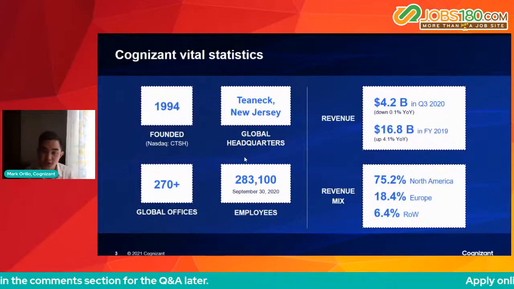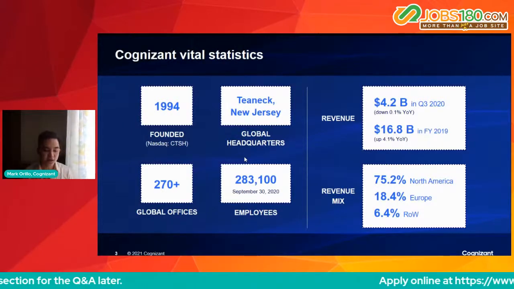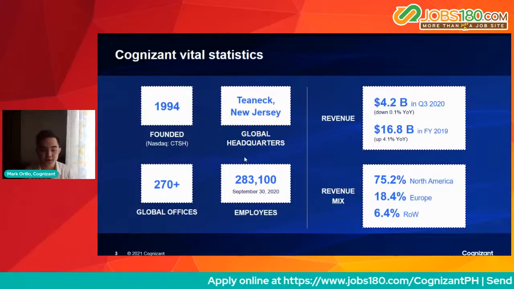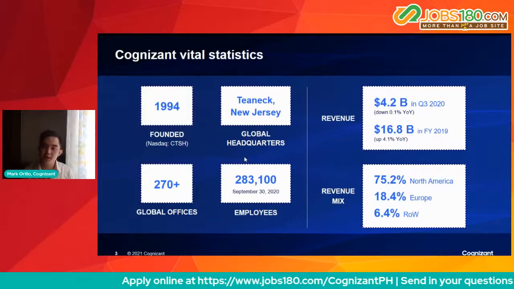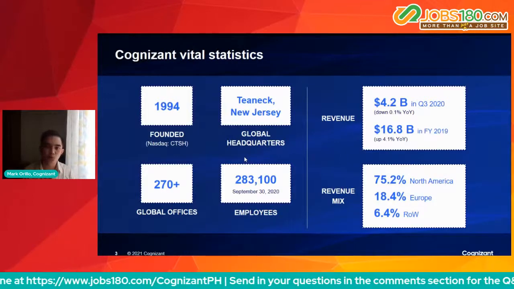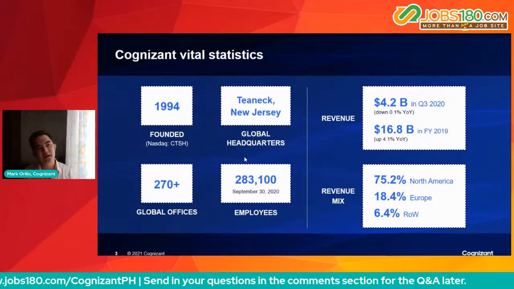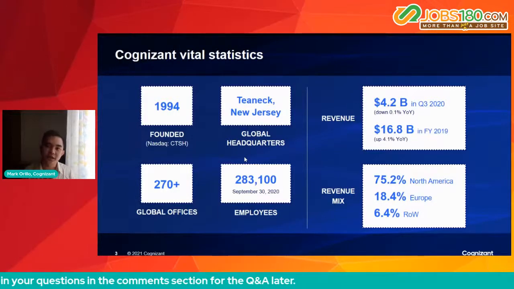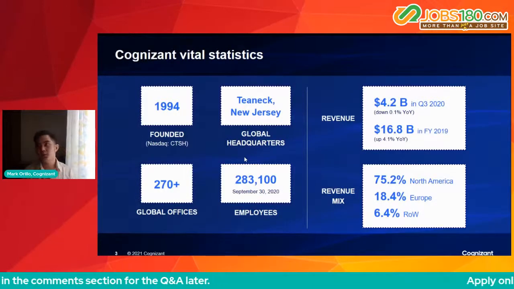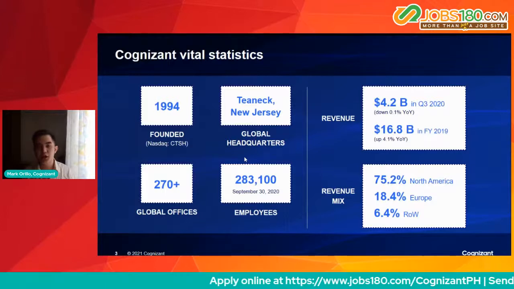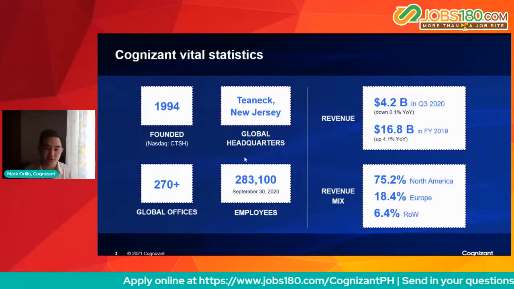We are a US-based company, specifically in New Jersey, which has 283,000 employees. In the Philippines, we have sites in Cebu, Taguig, Quezon City, Ortigas and Alabang. In terms of our Philippines population, we are 10,000 here in the Philippines.